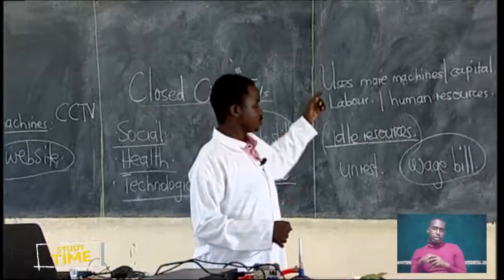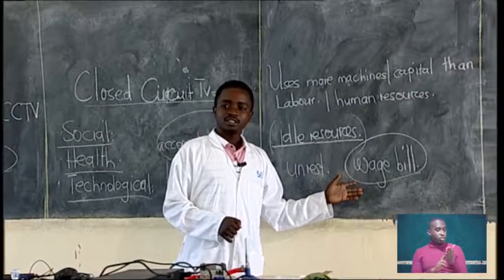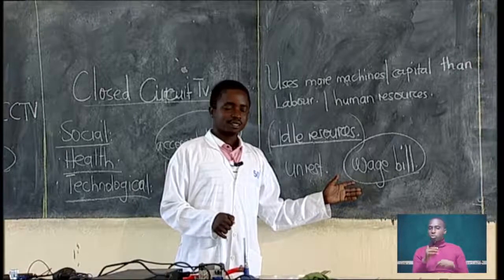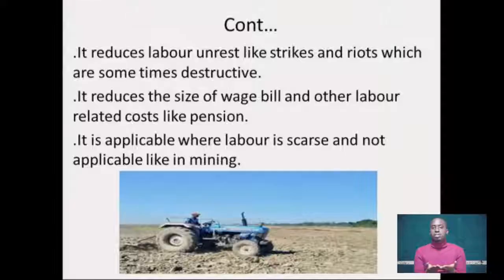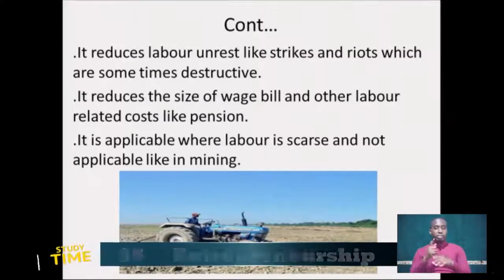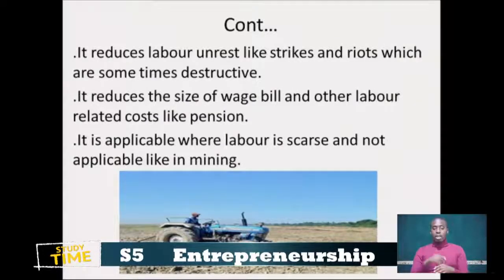So when there is use of machines, you're not to give a machine a pension. Pension is the amount of money that you are given at retirement age, when you retire. So with the use of machines, it reduces the wage bill and other related costs like pension.